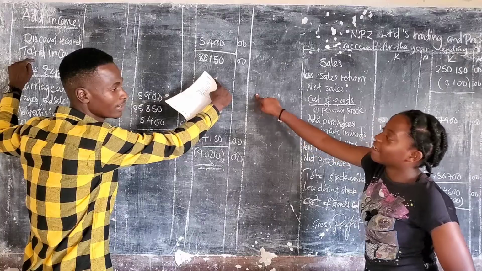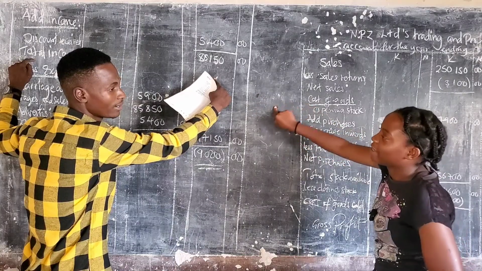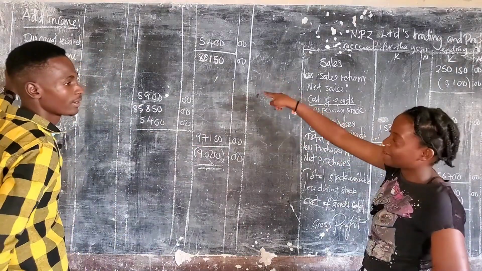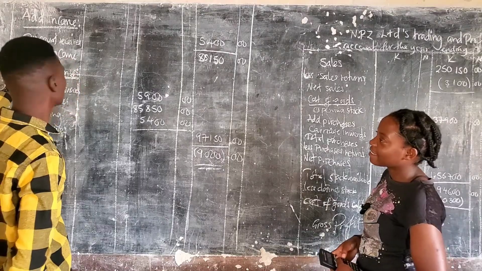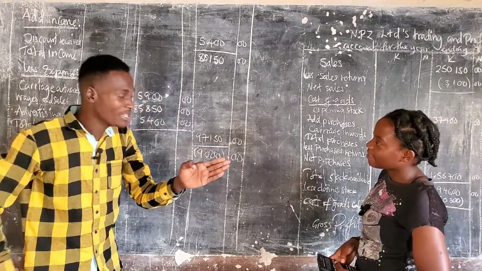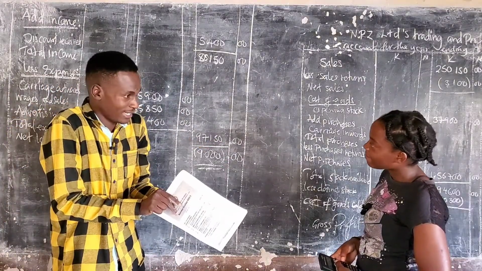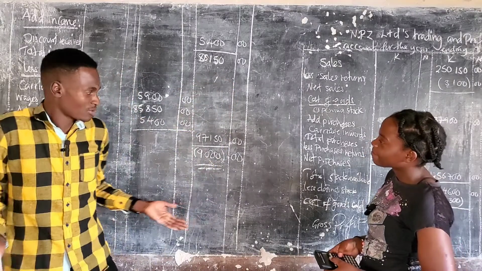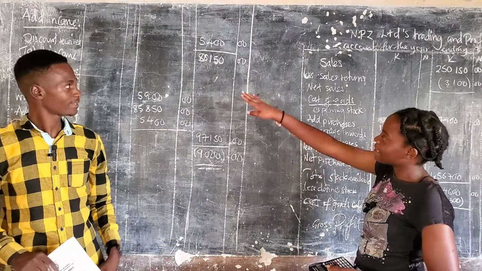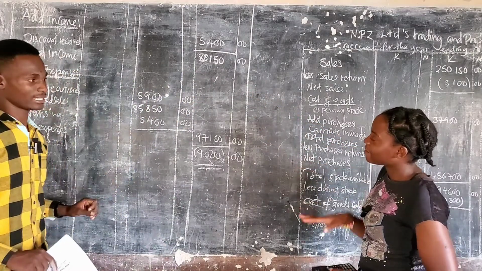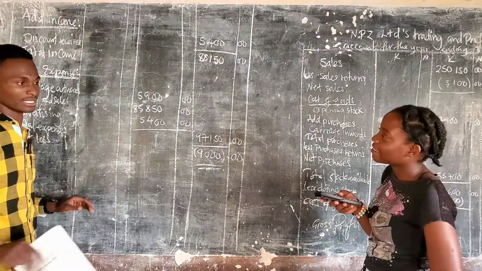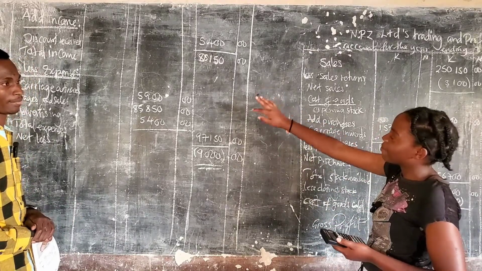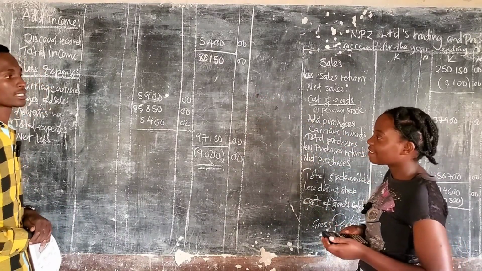This would be our gross profit, not net profit. Net means you subtract from gross, and we've not subtracted, so why net? It will be just this. Yes, because we have a bit of expenses. Then is it going to help us prepare the balance sheet? Yes, it is.